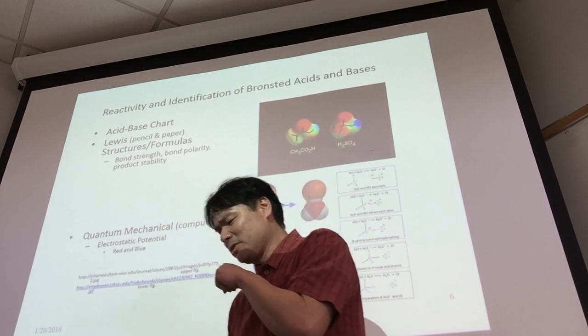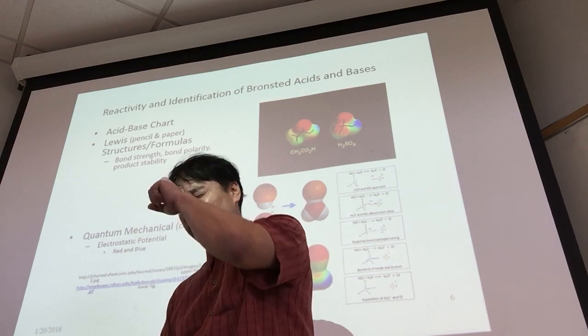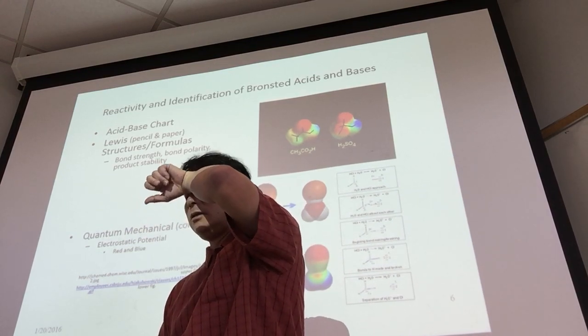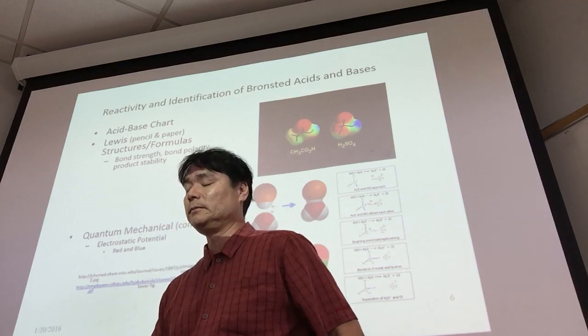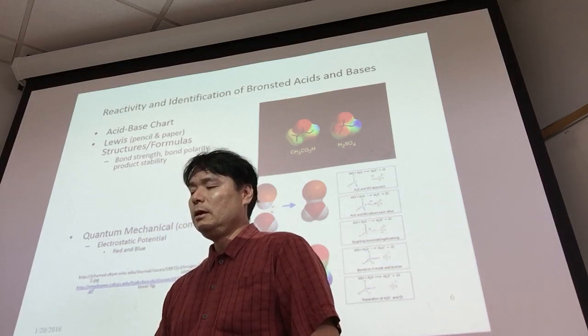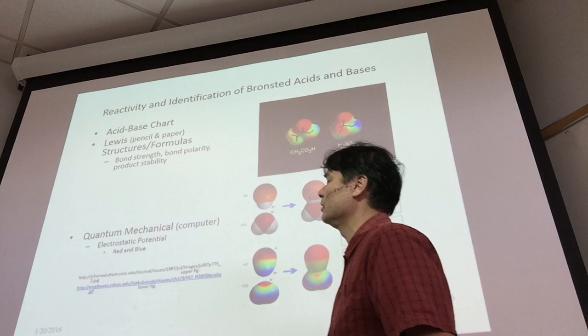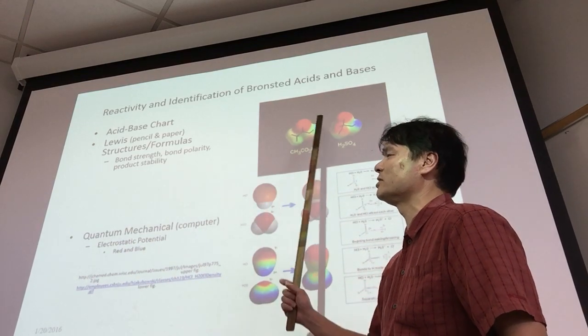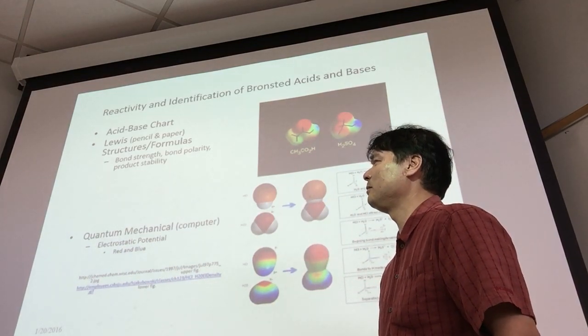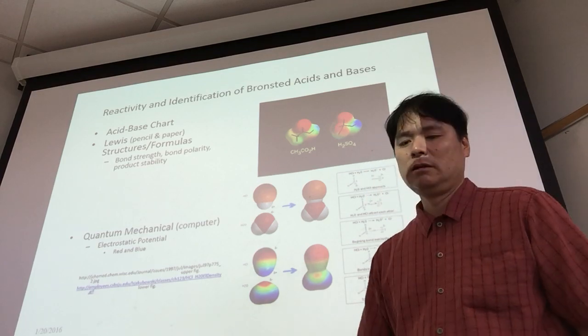If you didn't cover chapter 16 in Chem 1A, and this morning a lot of the people said they didn't really cover chapter 16, the end part. The end part of chapter 16 deals with structure and acid strength. That's okay because we're going to cover it again.